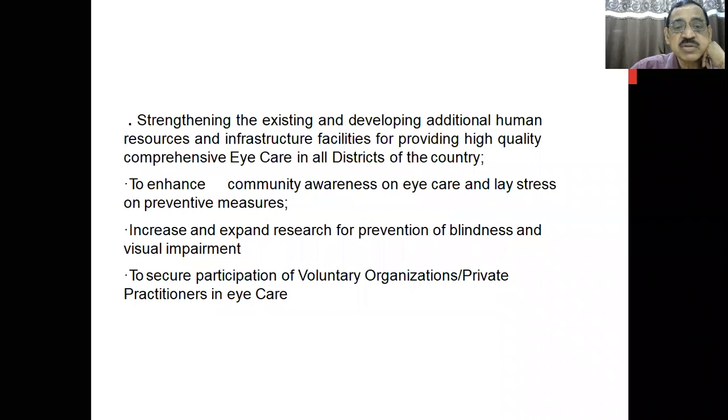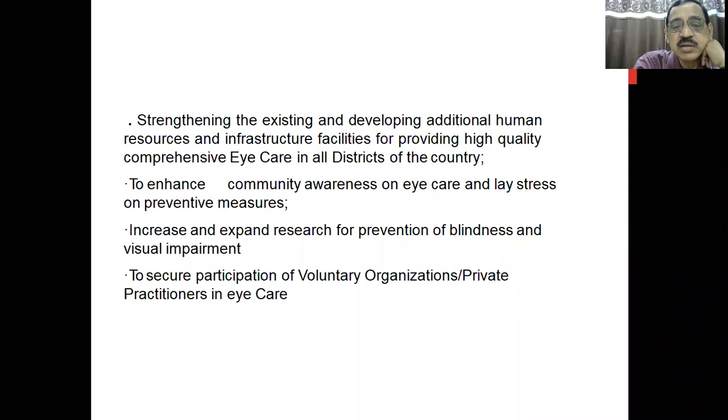So again, strengthening the existing and developing additional human resources and infrastructure facilities for providing high quality, comprehensive eye care in all the districts of the country. So this will have to be accomplished by spending money and everything. The government's budget on health is very, very less.